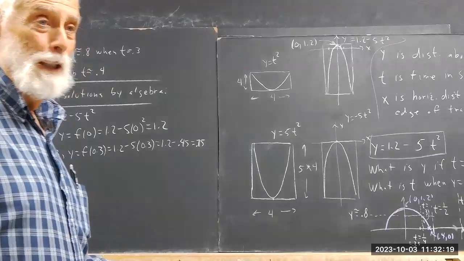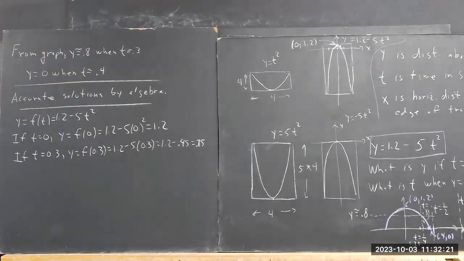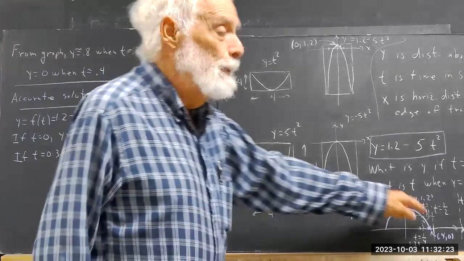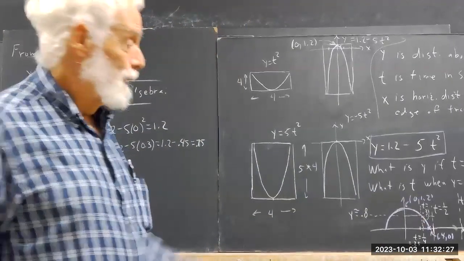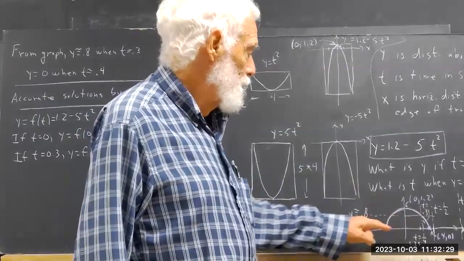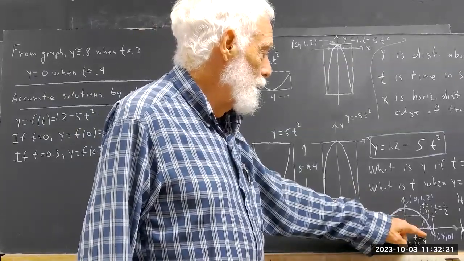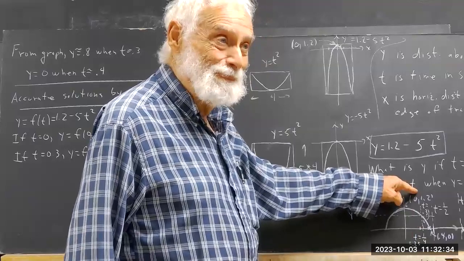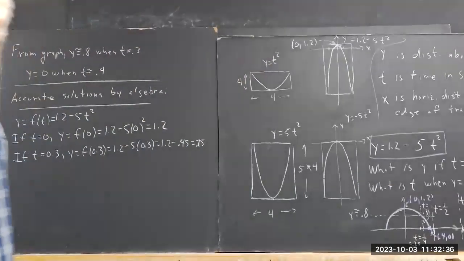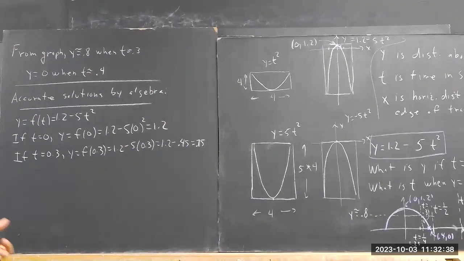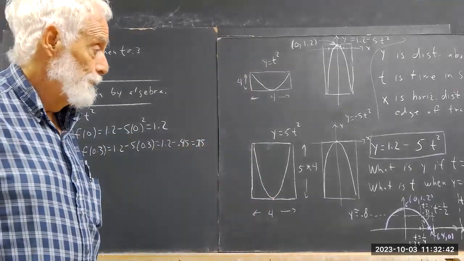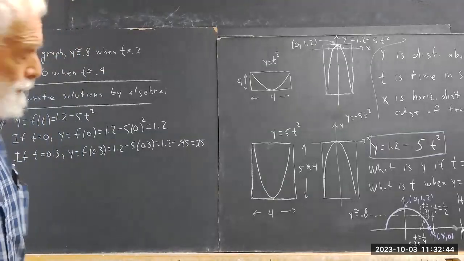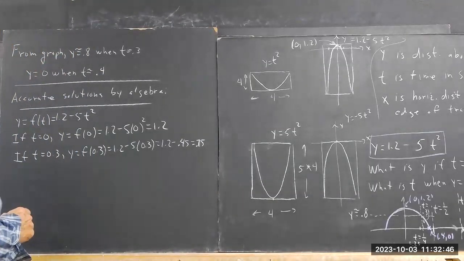Okay, so don't feel badly about it, but be aware of it and be aware of how having a picture, even a rough picture of this graph, tells you that at t equals 0.3, this thing's going to be lower than it was. Okay, and of course, if you know that this is something that's falling to the floor, you know it's going to get lower too. And yeah, okay. Okay, now.